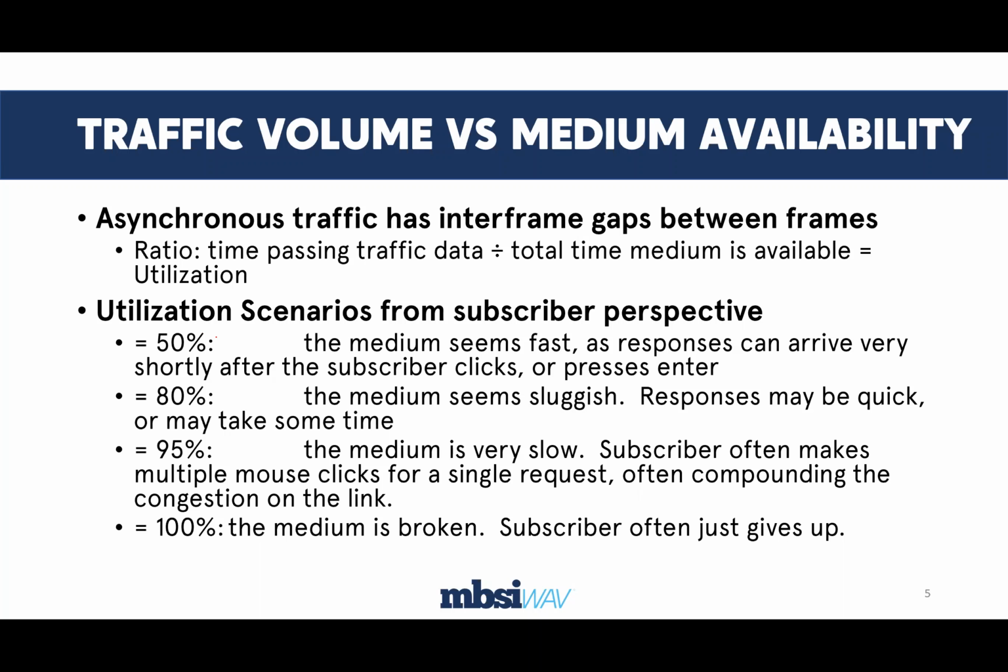That is the definition for 50%. If I have 1 millisecond of traffic and 1 millisecond available to me, that makes the link 100% utilized. That's the way this math works.